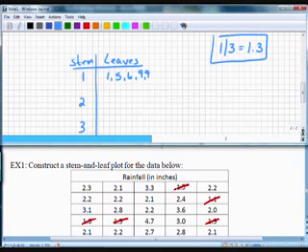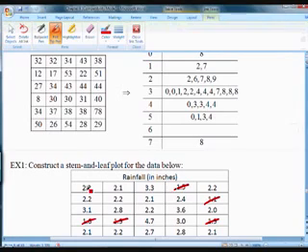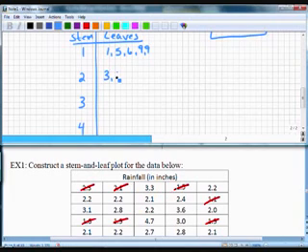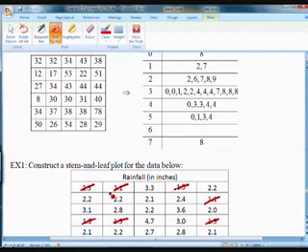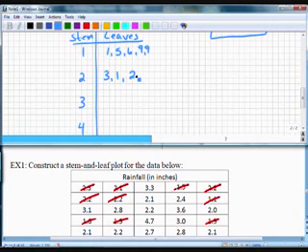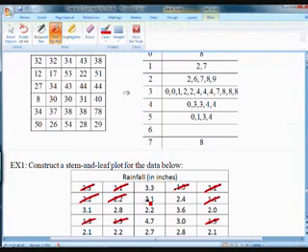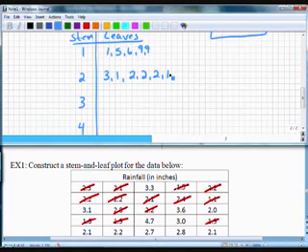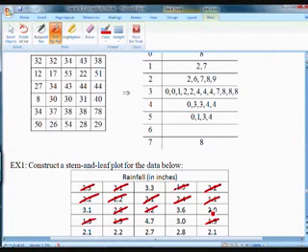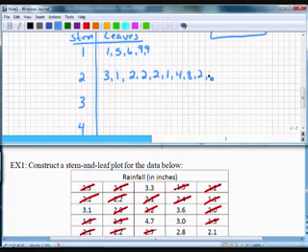Now let's do our 2s. Let's do them in order. 2.3, 2.1. So we've got 3, 1. Let's go in order again. The leaves are 1, 4, 8, 2, 0, 1, 2, 7, 8, 1.